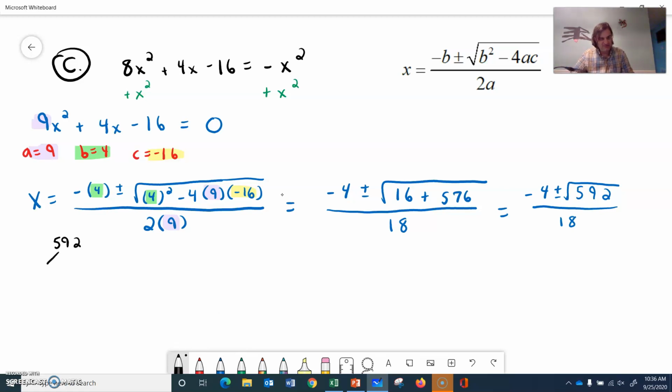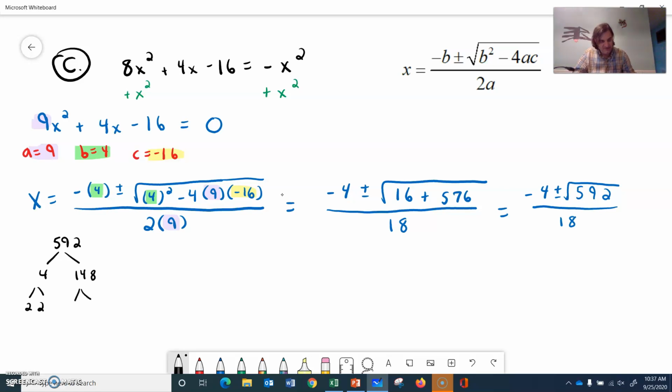But let's just see. I don't know how far we can get in breaking this down, but 592. I think that's divisible by 4, which I know is 2 and 2, but I'm going to pick up my calculator and say 592 divided by 4 is 148. Is that divisible by 4? Yes, it is.